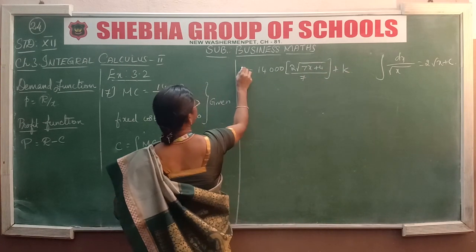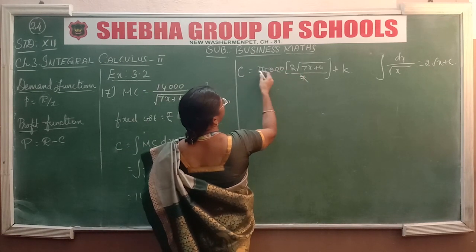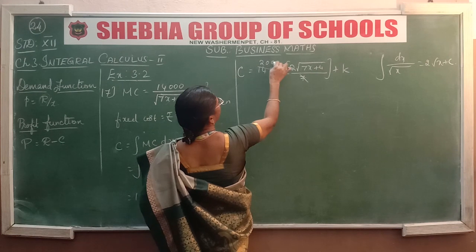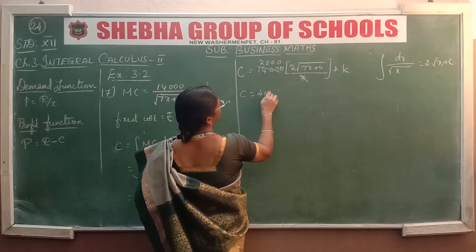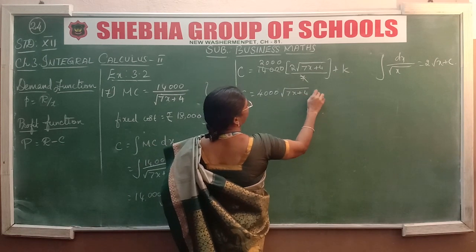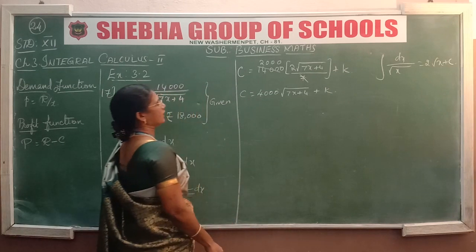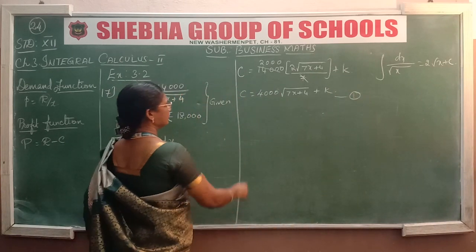Our left hand side is C. Striking by 7 we get 2000. That's it. So C is equal to 2000 into 2 becomes 4000 into square root of 7x plus 4 plus k. Now we have to find the k value. Mark it as equation number 1.